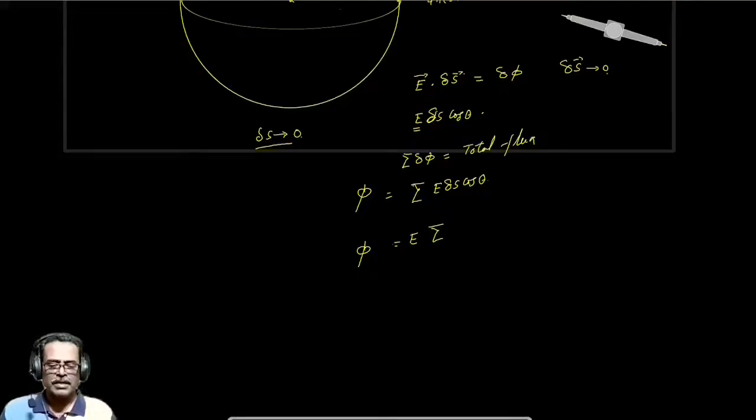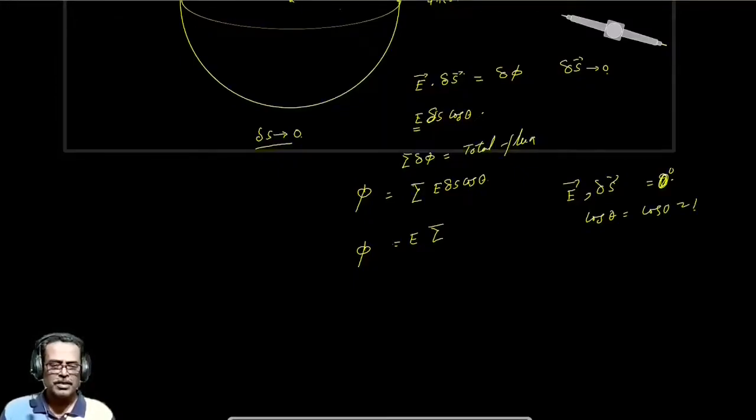We know that del S is normal, so the angle between the E vector and the del S vector is 0 degree because both are parallel.